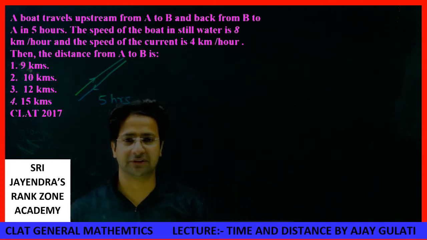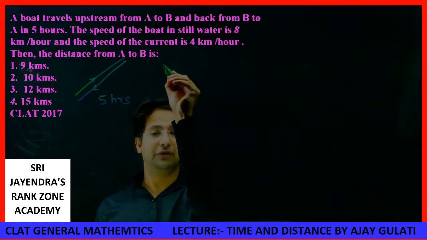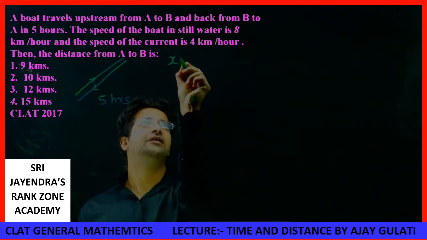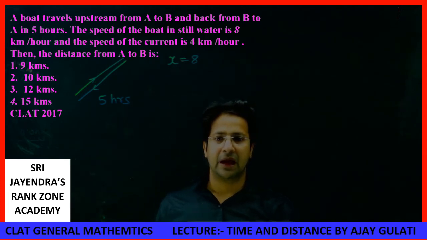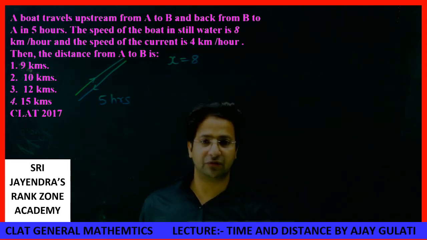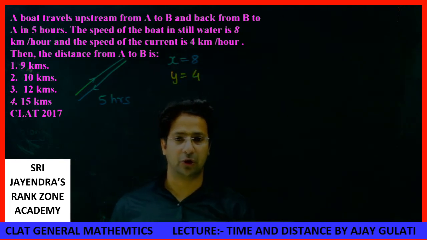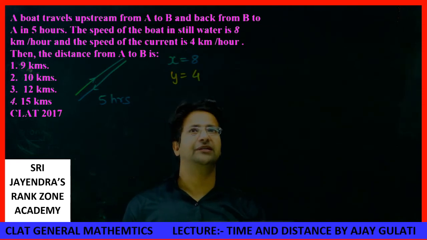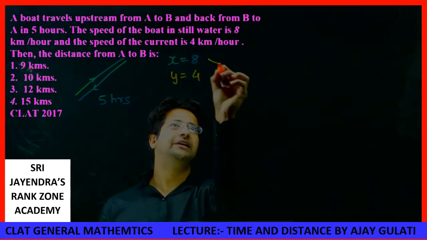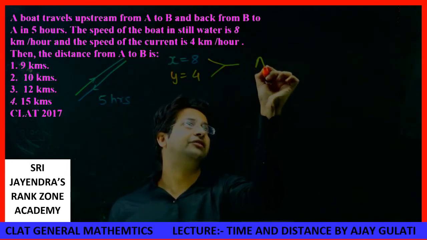Now the speed of the boat in still water is 8 km per hour. We are given this, the value of x. X is 8 km per hour and the speed of current is 4 km. This y is equal to 4 km. Then the distance from A to B is, students, we are provided these two things, x and y, going up and coming down. What is the average speed?